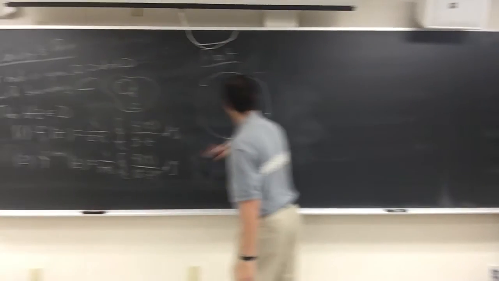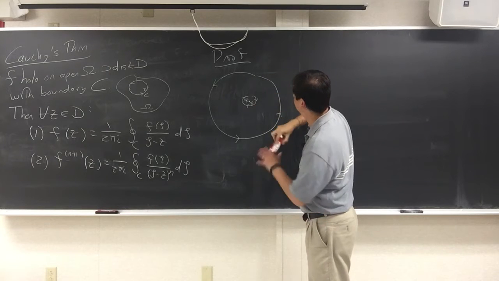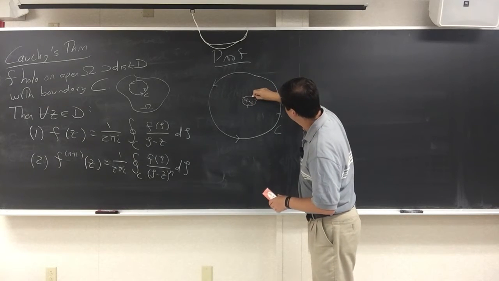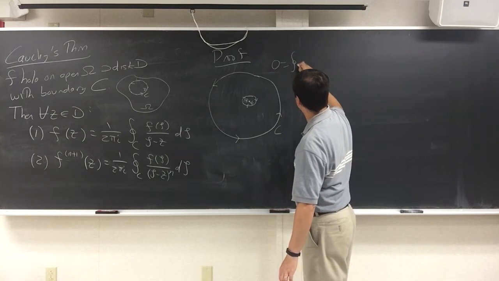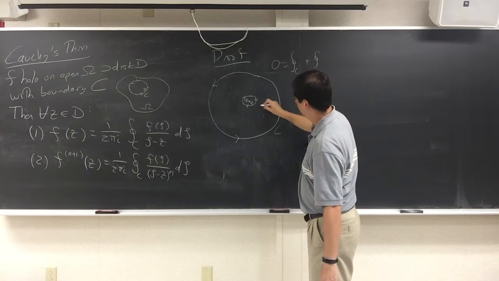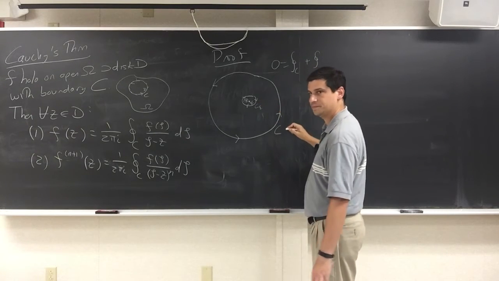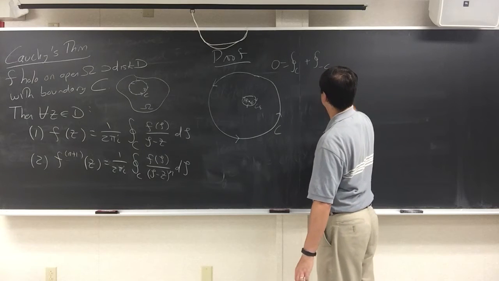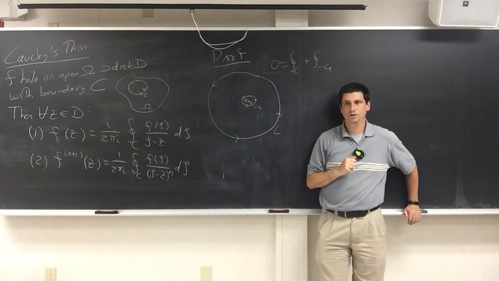So everybody's comfortable with taking the limit? All right, so we take the limit. This is now gone. And we're now left with 0 equals the integral over c plus the integral over, maybe we'll call this c sub epsilon, and I'll write negative c sub epsilon because it has opposite orientation.